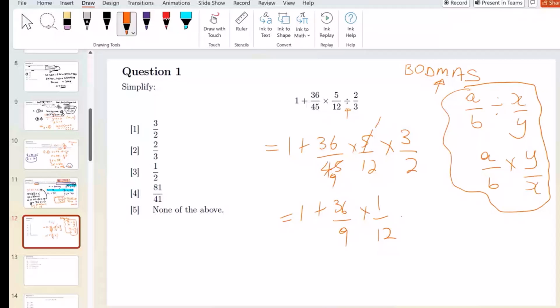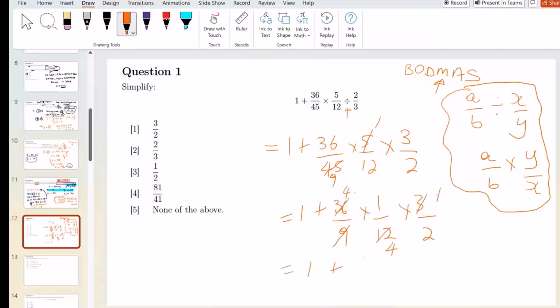So 9 goes there 4 times. And then you are going to have 3 and this one is 1. So 3 goes 4 times. Okay, so this is going to be 1. So here I'm going to have 4 multiplied by 1 multiplied by 1. It is 4.